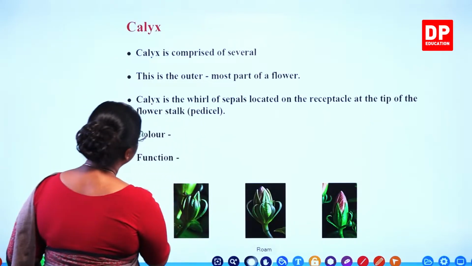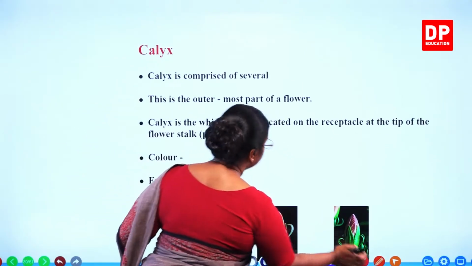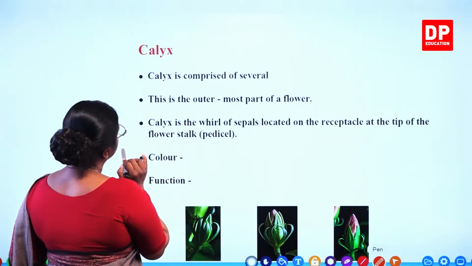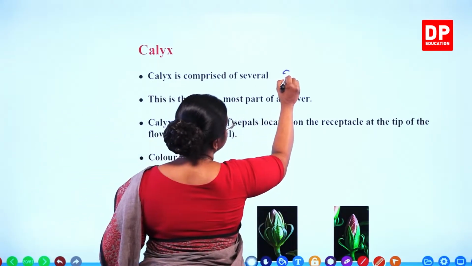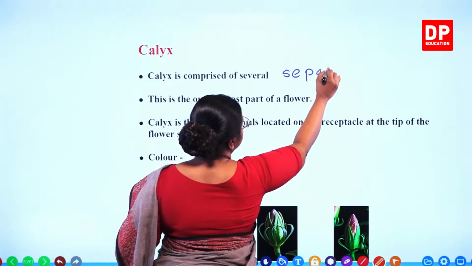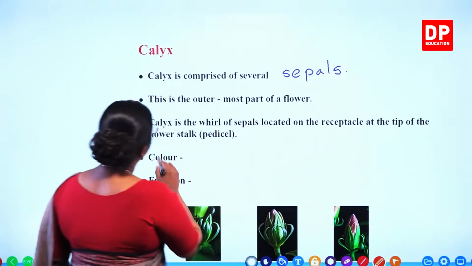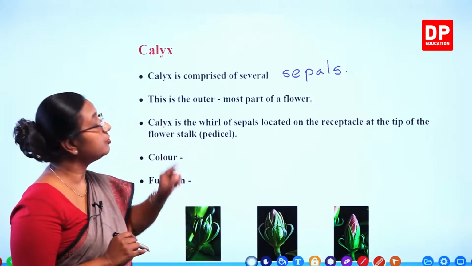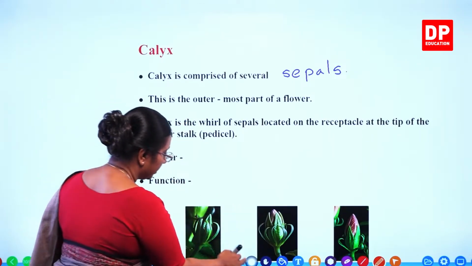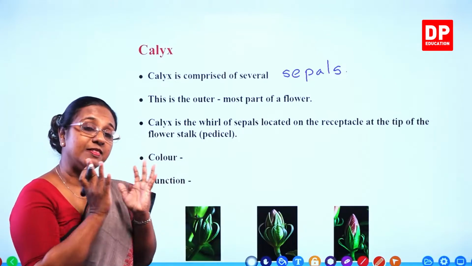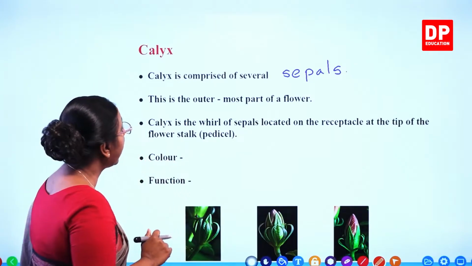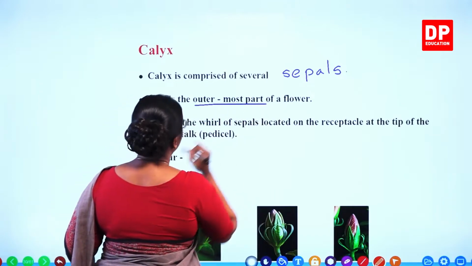So here, if we look at the details, calyx is comprised of several sepals. And this is the outermost part of a flower. So here you can see the outermost part that covers the flower bud, and when the flower blooms, that will be the outermost part of the flower.